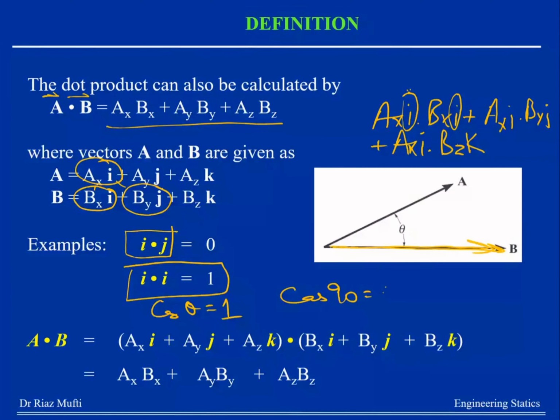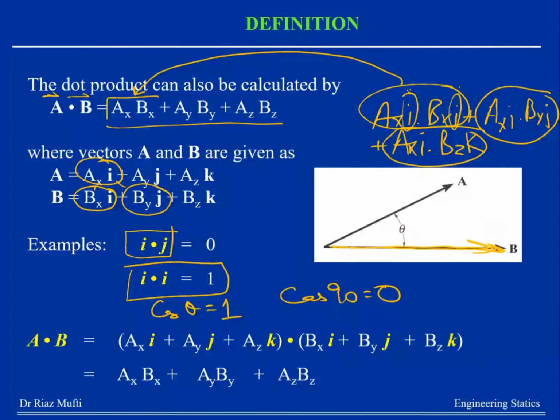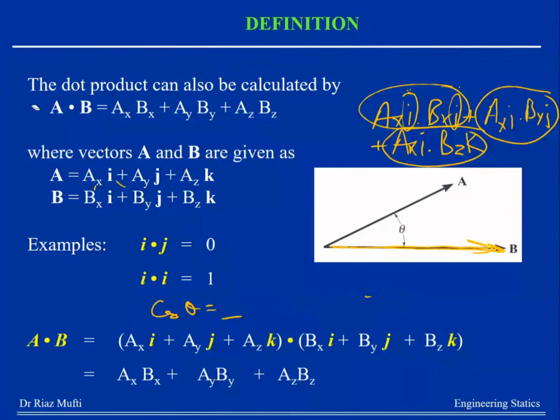Therefore, this term, this term and this term become 0, where this term becomes this. And the same for the other two components.